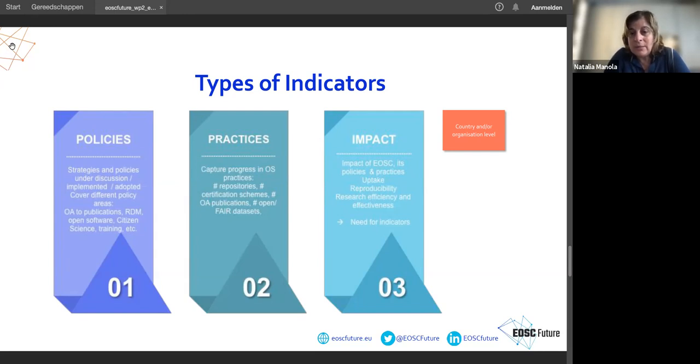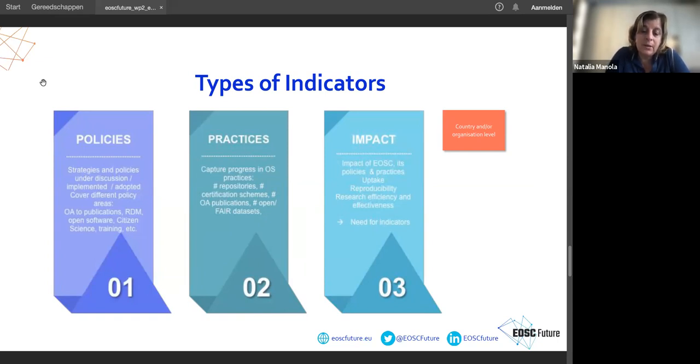And last but not least, this is about discussing impact and what is the impact of what we're doing, because all of us are spending a lot of resources, and especially the member states and all the European countries, and we need to see what the impact is. So what is the uptake of science, not just open science, but of science due to open science?